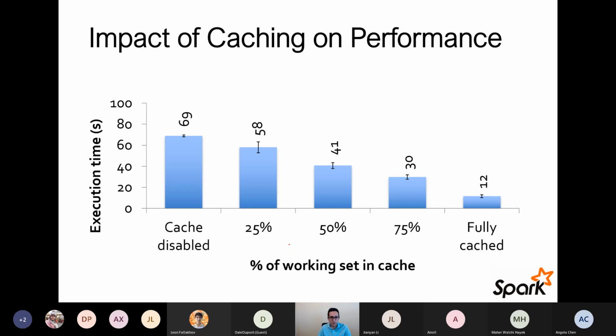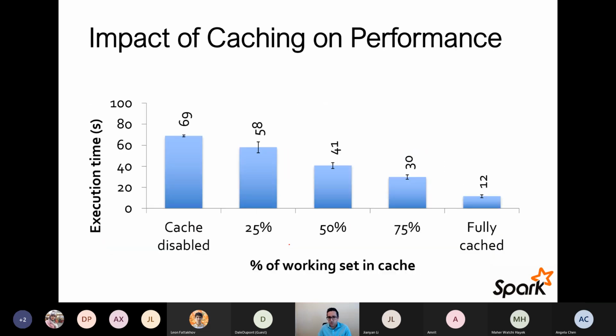You have to spend more memory on caching, and this graph here shows you the execution time on the y-axis. So lower is better, and the x-axis is basically how much we can cache, right? From no caching all the way to fully caching everything, if we can, obviously, right? And you can see it's a huge performance gain from about 70 seconds down to 12 seconds, a huge improvement, right?